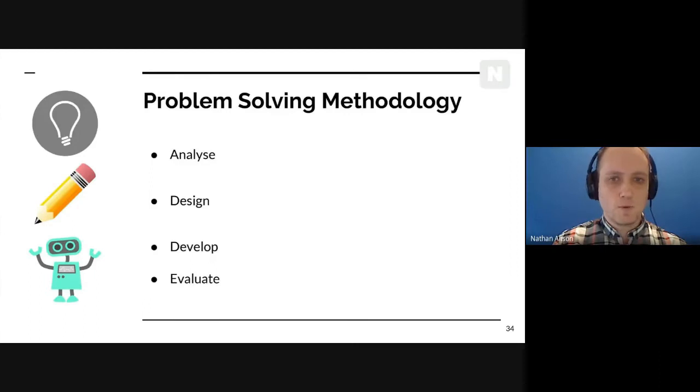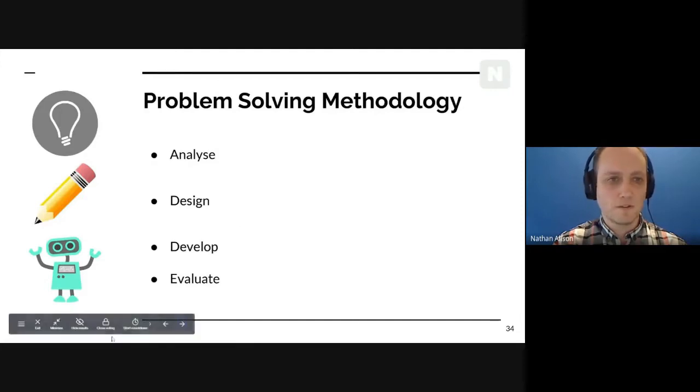So this problem-solving methodology divides it into 4 stages: analyze, design, develop, and evaluate. But again, the design part in the middle there, we often consider that part of the whole process. So we might just skip through to when this is complete rather than take you through every bit.